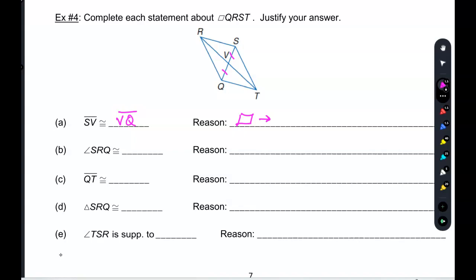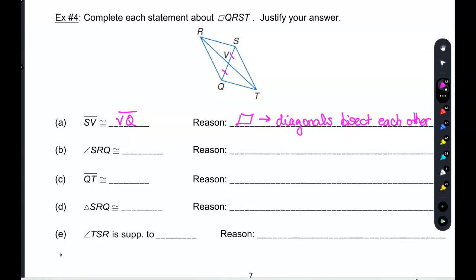Okay, so from that first page of the notes, that had all those theorems. What's the reason? Diagonals bisect each other. Good. And yes, I'll try to remember for Monday, I'll print out all the new theorems.